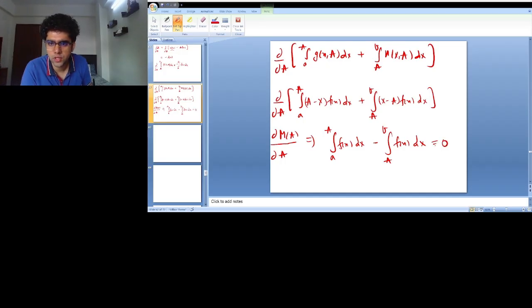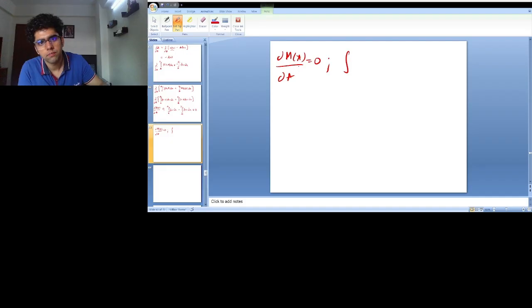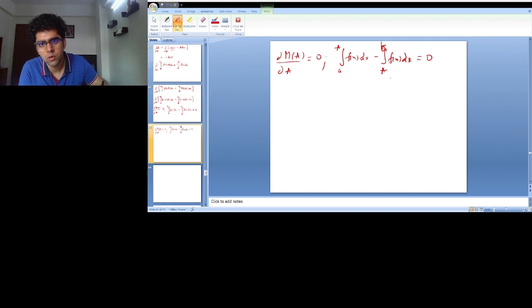So now del M(a) by del a is equal to 0, this implies that the integral from small a to capital A of f(x) dx and negative of the integral from capital A to small b of f(x) dx is equal to 0.